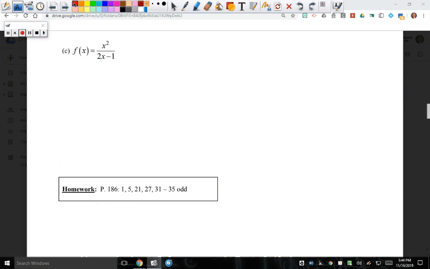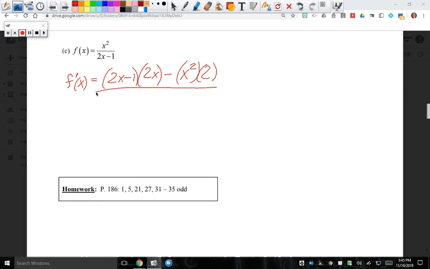So, same thing. Let's try to pick up the pace now. If you have a question, then you ask me, okay? I'm going to do it like if you were doing it for the quiz. F prime of x is low d high minus high d low over low low. My derivatives that are horizontal tangents can come from my numerator. My cusps will come from my denominator.